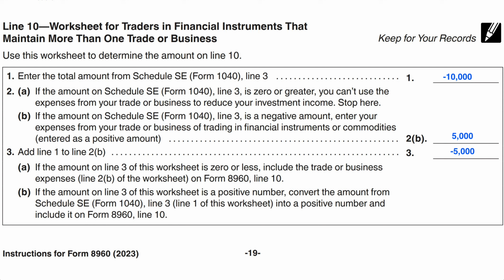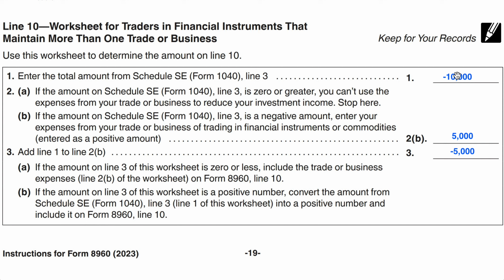So there are 3 lines. We'll go through them step by step. First, enter the line 3 amount from your Schedule SE. This should be any farm profit or amounts reported on Schedule F, as well as any special payments reported on your Schedule F or K1 for farm-related payments, plus your net profit or loss from Schedule C and/or your Schedule K1.